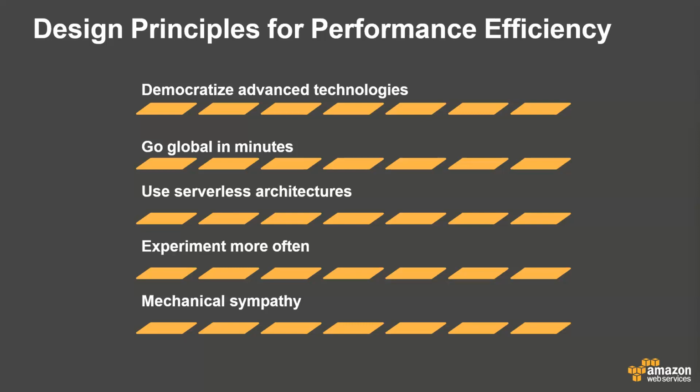So I'm reading from the AWS documentation, and that's how they define performance efficiency. It includes the ability to use computing resources effectively to meet system requirements and to maintain the efficiency as demand changes and technology evolves. As I mentioned, technology is shifting, it's changing at a very fast rate.